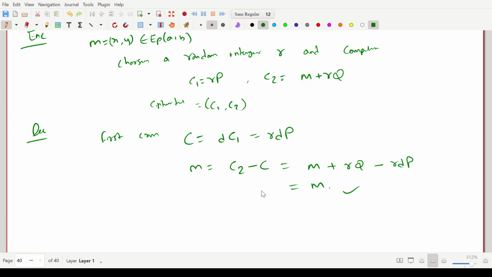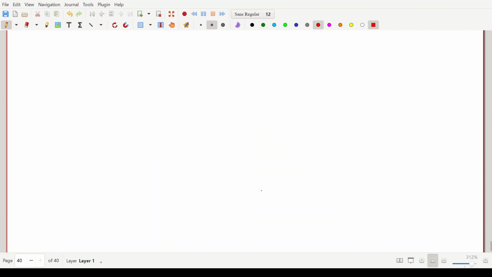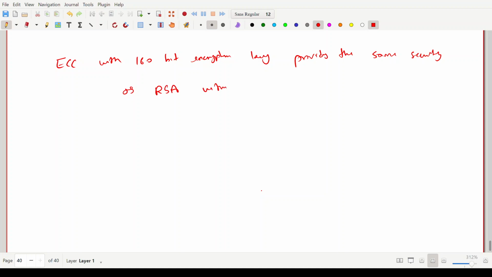For example, ECC with 160-bit encryption key provides the same security as RSA with 1024-bit. This is the important point.